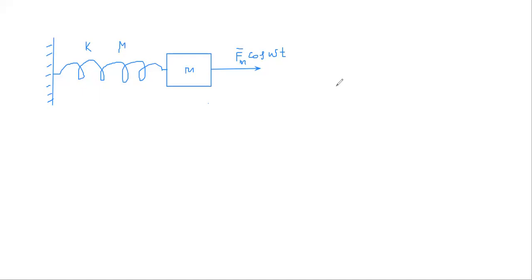So for a simple oscillator, we have that acceleration is equal to the first derivative of velocity by time, and this is the same as the second derivative of coordinate by time.